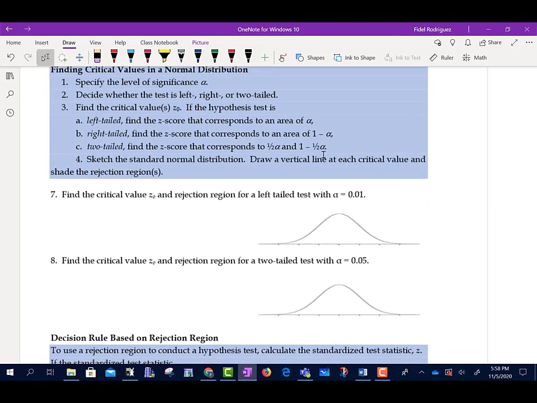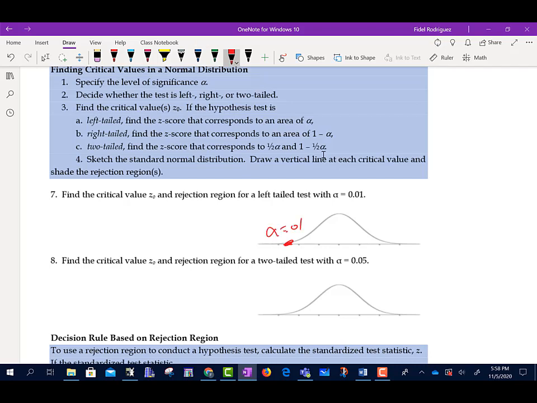So for the first problem here, it says find the critical value z0 in the rejection region for a left tail test with alpha being 0.01. So we know that alpha is 0.01.